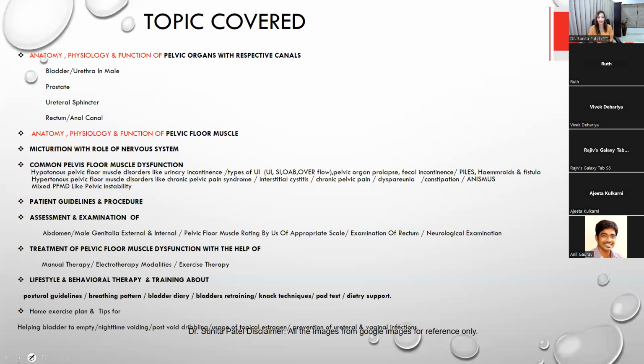After this assessment and examination, taking the complete history of a patient, the whole-body general assessment as well as the pelvic floor assessment, we will create a better rehab and treatment plan for our patient. That rehab protocol depends, and we are going to use many different-level approaches.